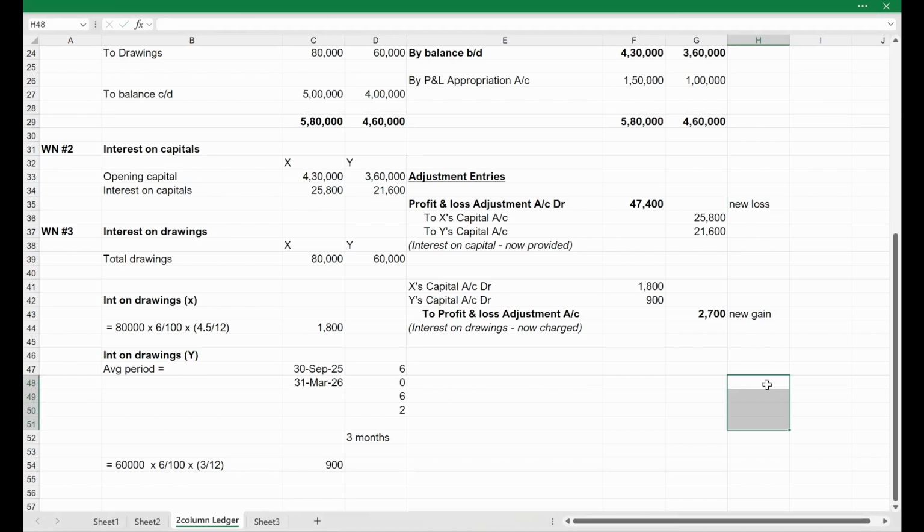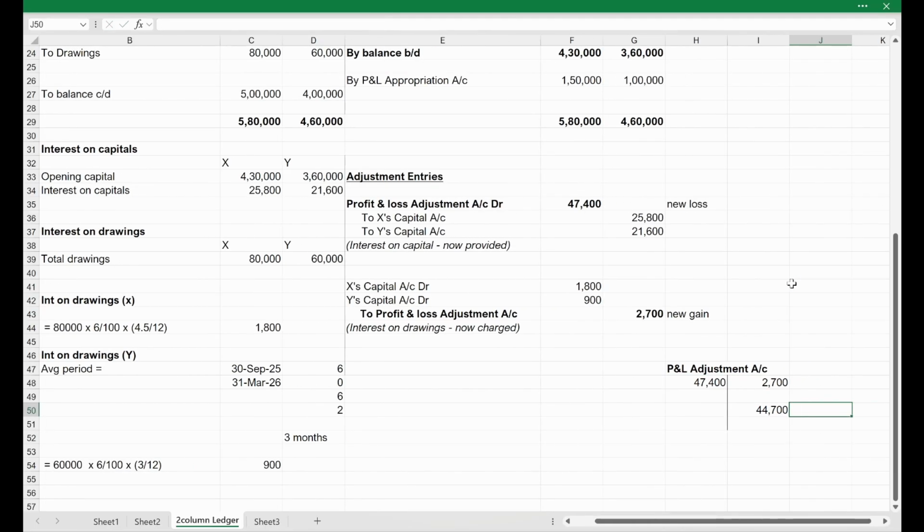Let's say this is the P&L adjustment account. What happened first? There is a debit of P&L adjustment for how much? 47,400. Now there is a credit of how much? 2,700. Now you have to subtract 2,700 from 47,400, and you arrive at 44,700. What is the name for this? This is the new divisible loss. This is the resulting divisible loss because of this adjustment.